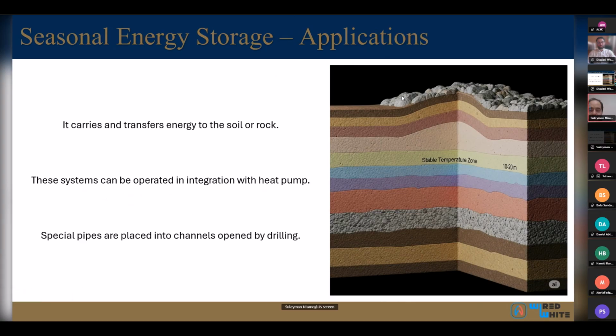Pipes are placed into drilled channels for this method. The heat transfer fluid circulates in these pipes, and when needed, this energy can be brought back to the surface for use. This system, and that's very important, can also be integrated with a heat pump system.